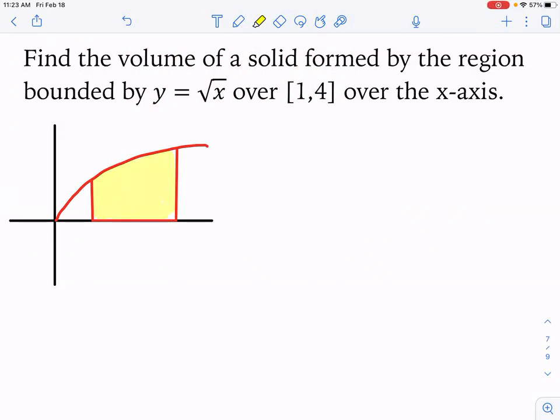Okay, so here's our solid that we are going to rotate around the x-axis. Let's imagine it.